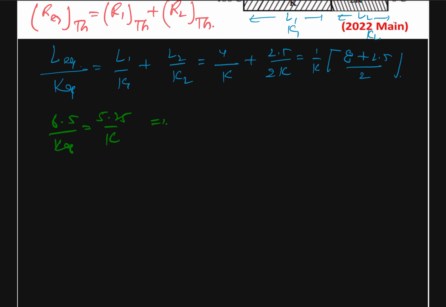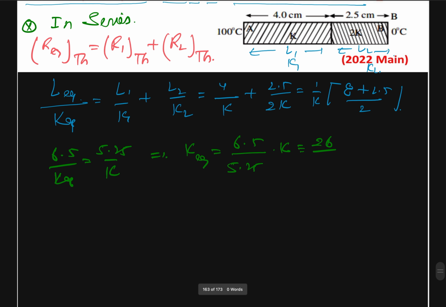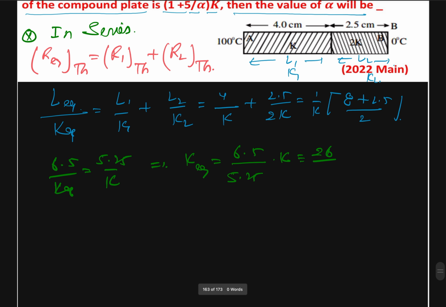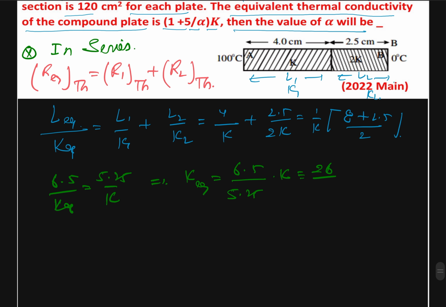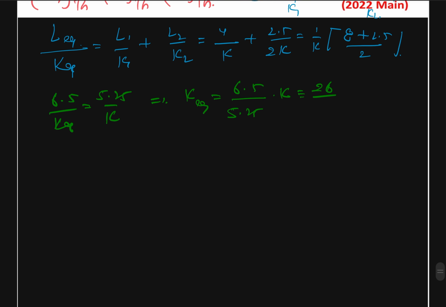Therefore we can say that our K equivalent will be equal to 6.5 divided by 5.25 times K, which gives us, in the form of a fraction, 26 upon 21 times K.